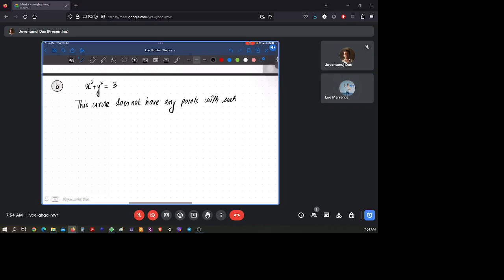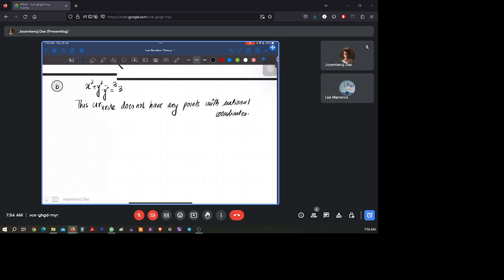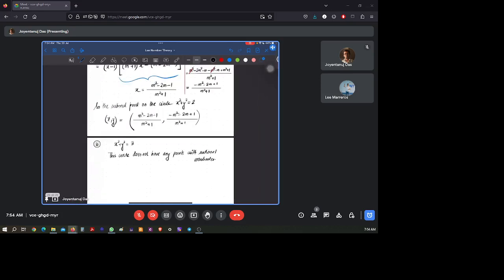So we cannot begin with a solution itself. It does not have any solution, so you cannot find any solution with rational coordinates. Once we can start, then only we can find all the other things, right?